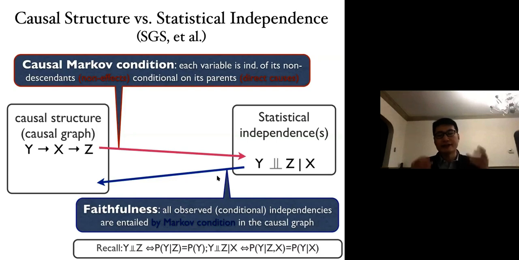If you see a conditional independence relation in the data, then this relationship must correspond to a property of the graph. Okay, this is rather strong. Sometimes this condition is testable, and in some cases, it's not testable. If you want to see more detail, talk to me after class.